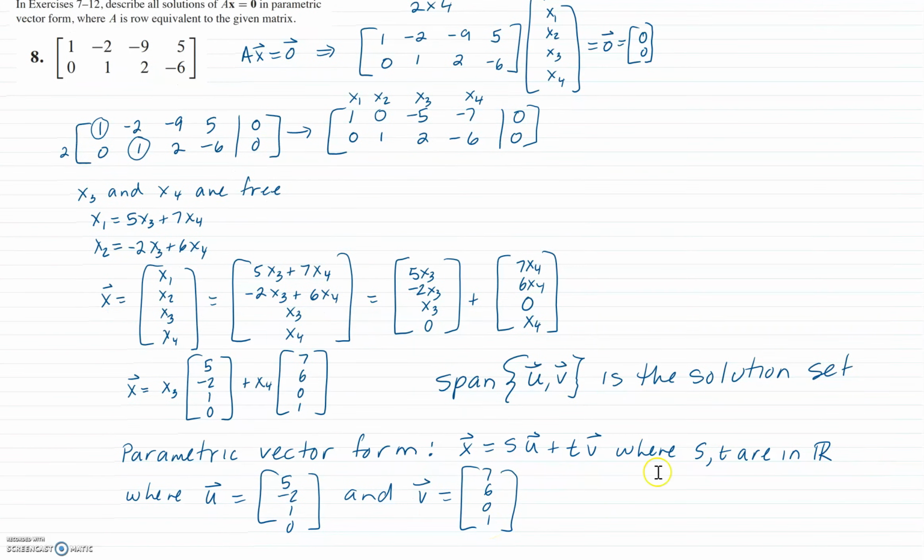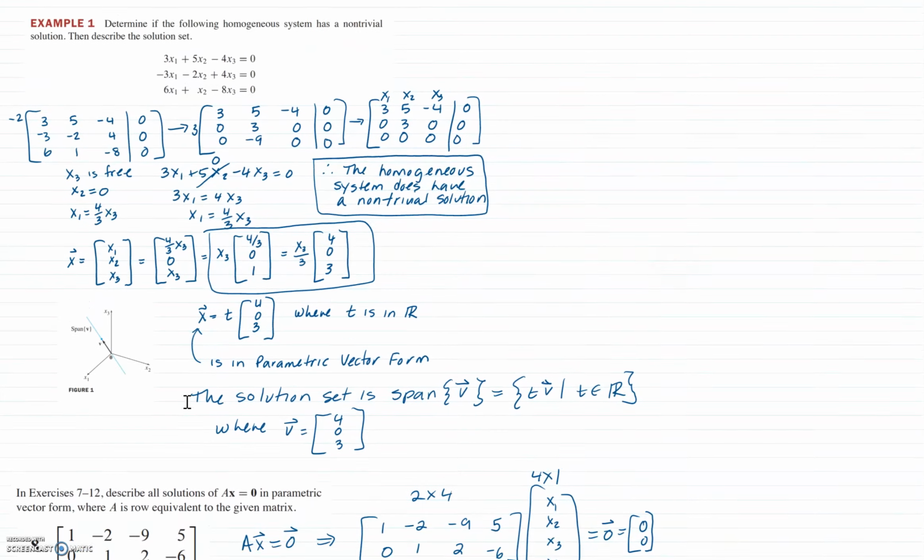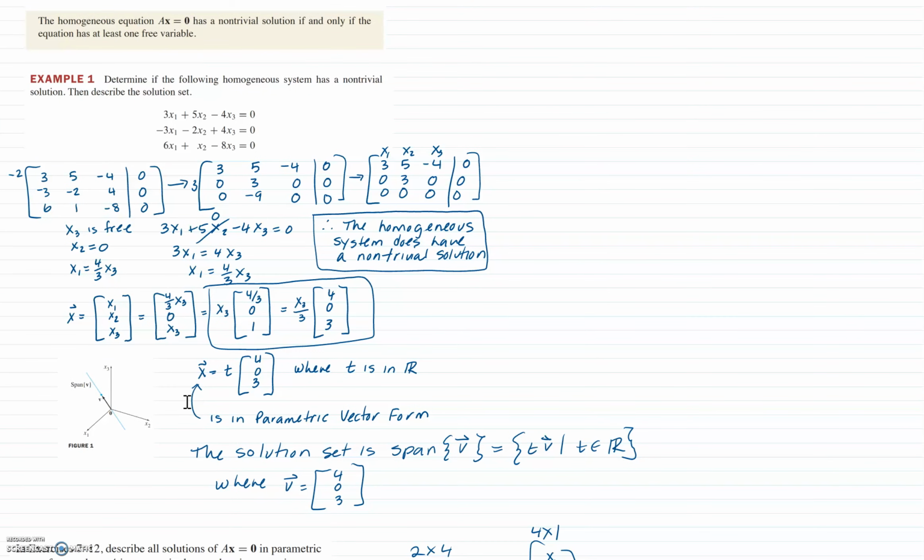That's it. Now, if u and v were in R2 or R3, we could graph that. If it was in R3 and you would have two free variables here, you would get a plane instead of a line. The span would be a plane. We saw that from past videos.